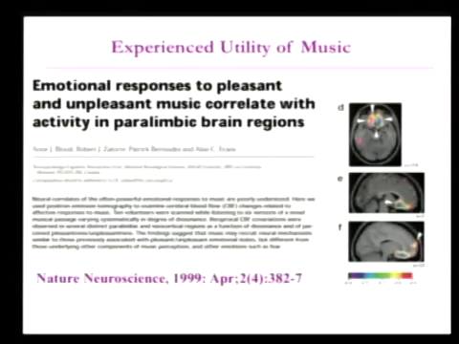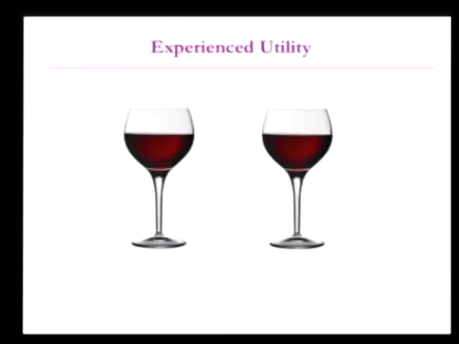So they varied the level of dissonance between the tones, and when the level of dissonance is high, it obviously sounds like loads of cats wailing, or it can sound relatively pleasant when it's very harmonious. They looked at areas that correlated with the degree of harmony. And again, the more pleasant and harmonious the music was, the more activity was increased in this medial orbitofrontal region. So again, it seems to be representing this value or utility.